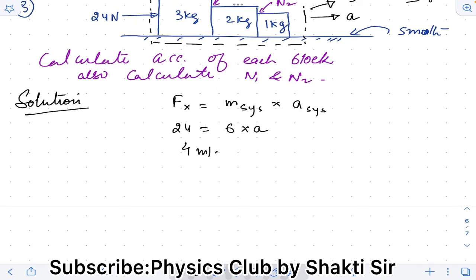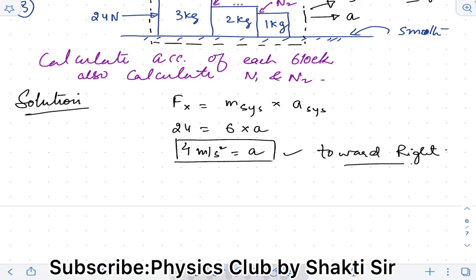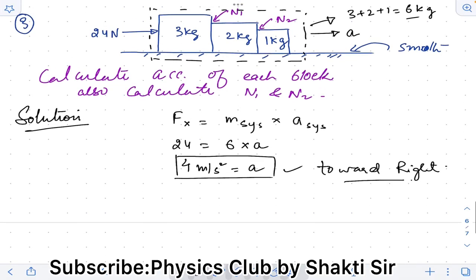So 4 meter per second square is the acceleration of the blocks. So each block, either 1 kg, 2 kg or 3 kg, will move with the same acceleration of magnitude 4 meter per second square towards the right. Okay, so this is the acceleration of each block. Now we are going to calculate the normal reactions between the blocks. Let's solve N2 first.